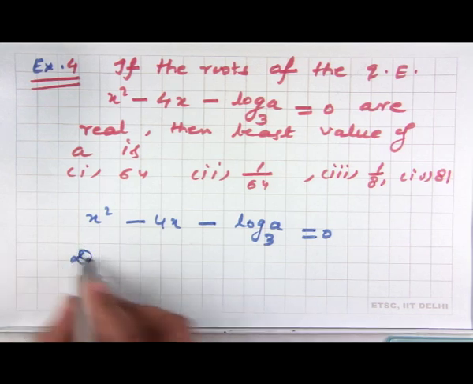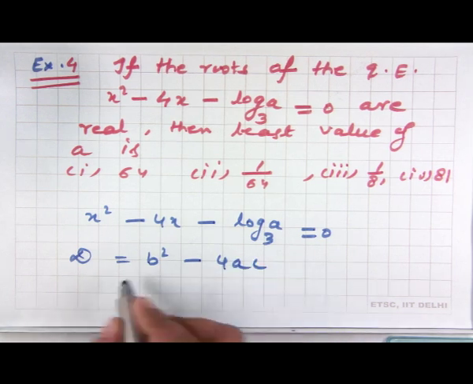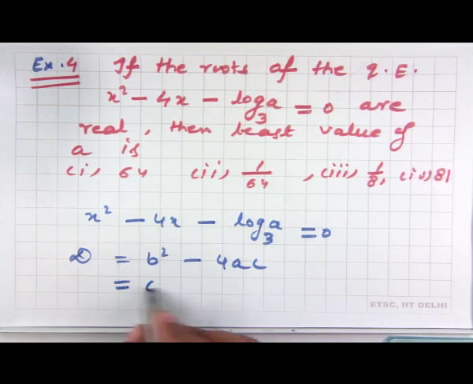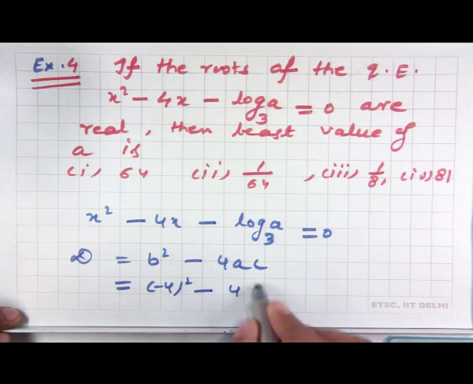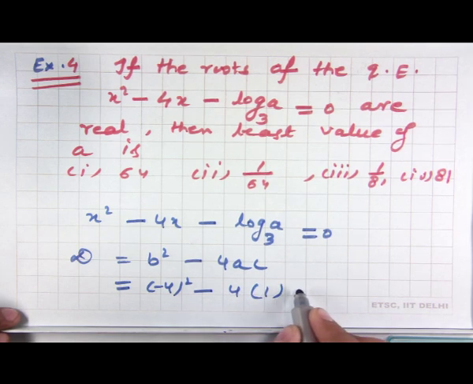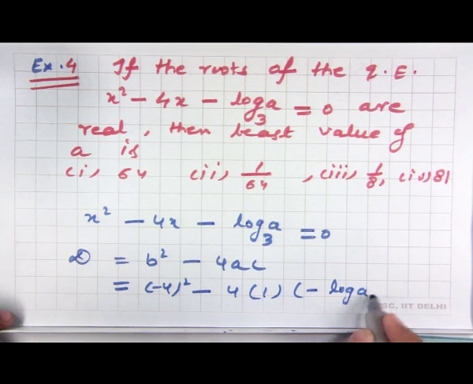Discriminant will be d equal b square minus 4ac. The value of b is (minus 4) to the whole square and minus 4, the value of a is 1 and the value of c is minus log a base 3.